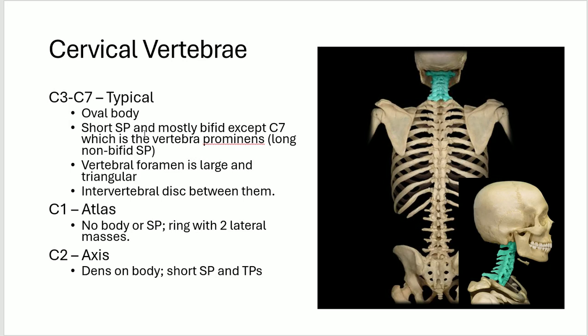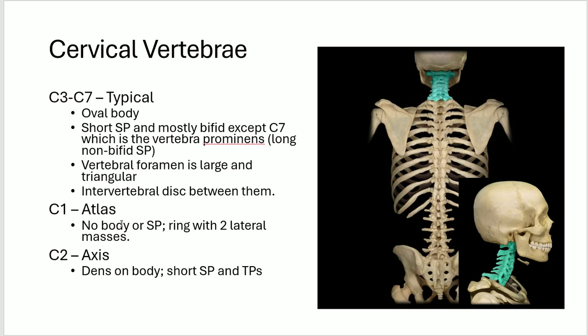The rest of them, C1 through C6, are bifid. Again, they have oval bodies. The vertebral foramen, so that hole in the middle, is large and triangular. And there are intervertebral discs between all of the cervical vertebrae.